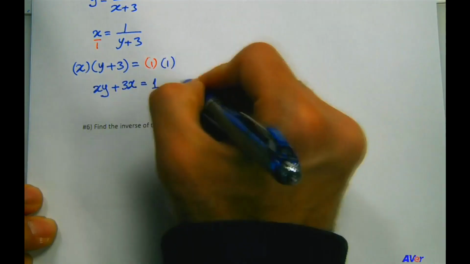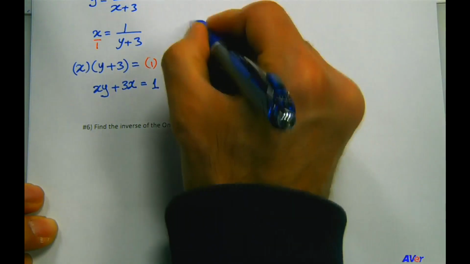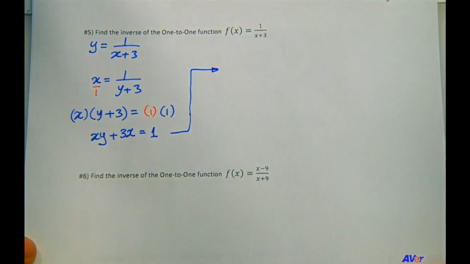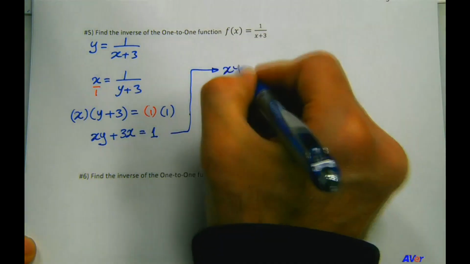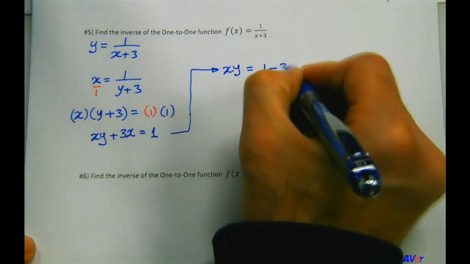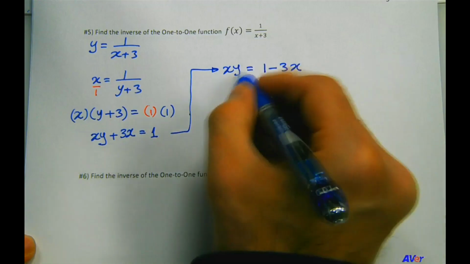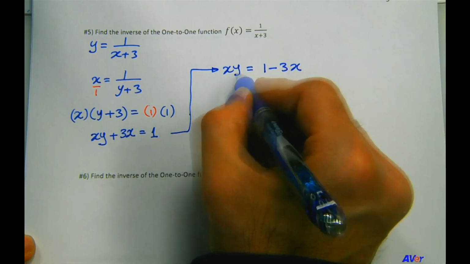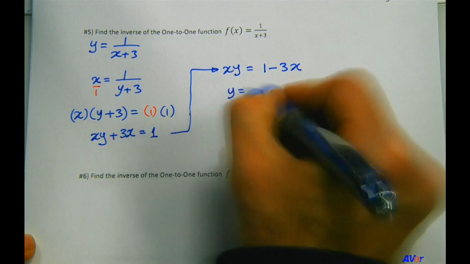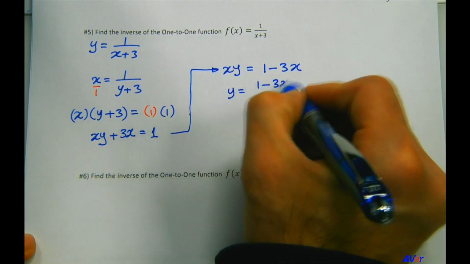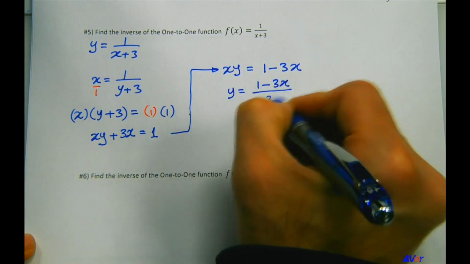So I should come up here actually. We do that like this. So we have xy equals 1 minus 3x. Now, divide both sides by x in order to isolate y. So y is equal to 1 minus 3x divided by x.